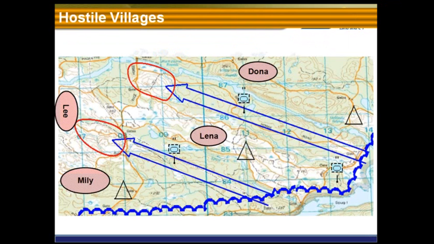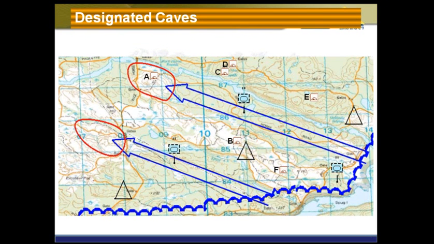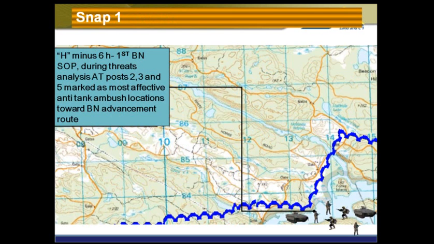There were some anti-tank posts, or potential anti-tank posts, that we know about. There are some caves where people might walk around, where we know that people can hide stuff, or hide weapons. So you see these caves here.